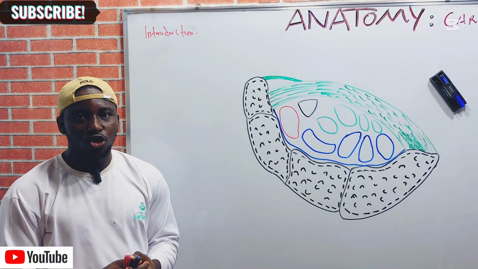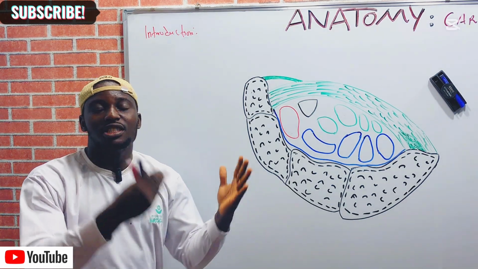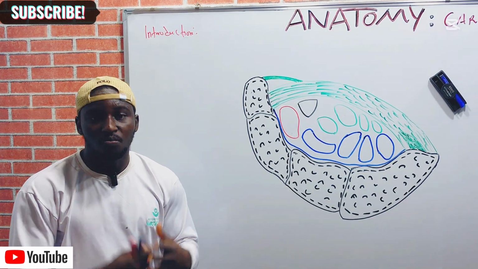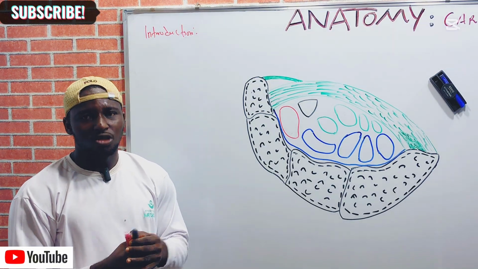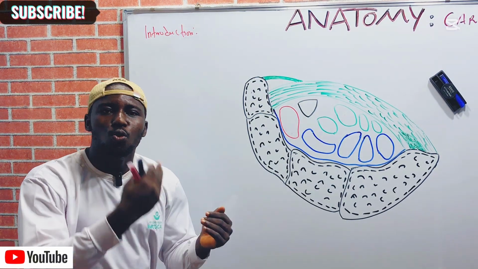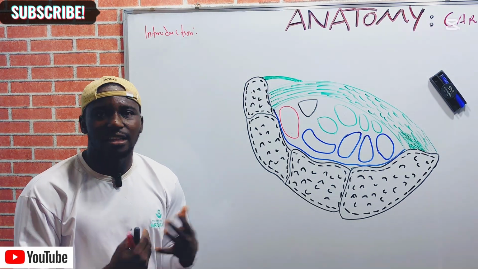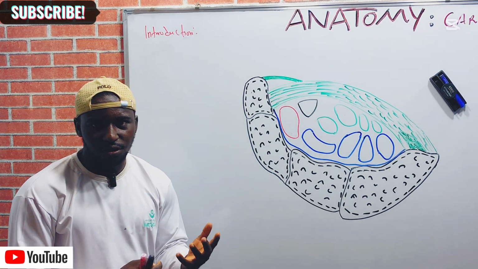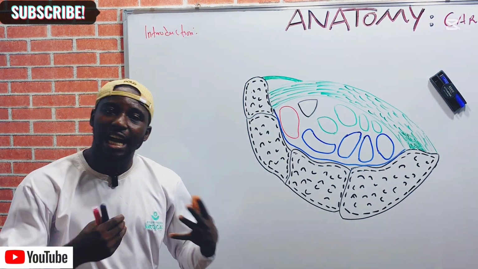You will also get to know which branch of the median nerve, and how the median nerve enters the carpal tunnel to exert its sensory and motor activities on the hand.